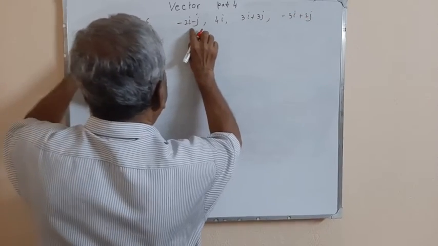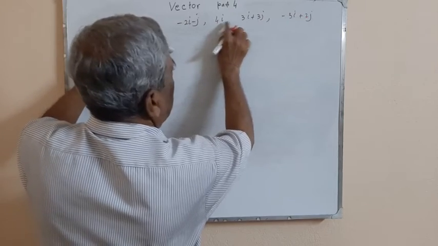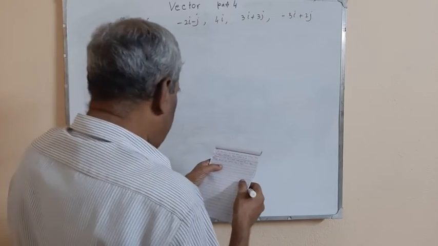So this is the position vector of P, this is the position vector of Q, and so on. These are given.